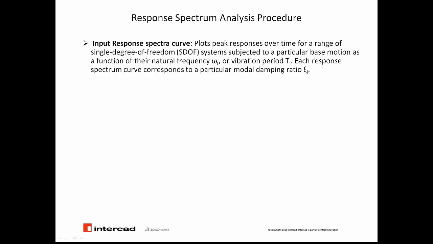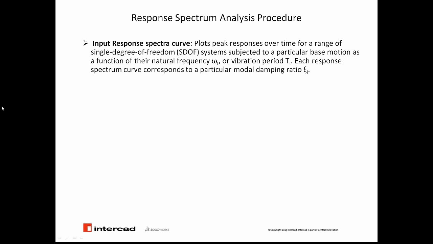All right, now let's look at the procedure. What we need in any response spectrum analysis is an input response spectrum curve. Such a curve is the peak response of the structure for a range of base excitation or time-varying load.